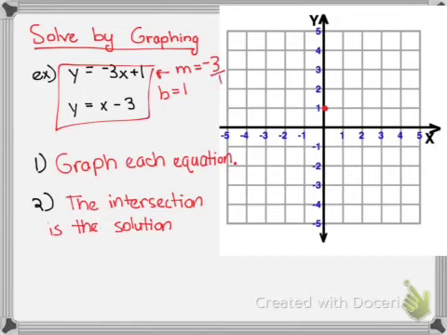So we need to go down 3, 1, 2, 3, over positive 1. And that is the next dot on our line. So our line looks like this. And then we can extend it out this way as well. Okay, so we have our line there.